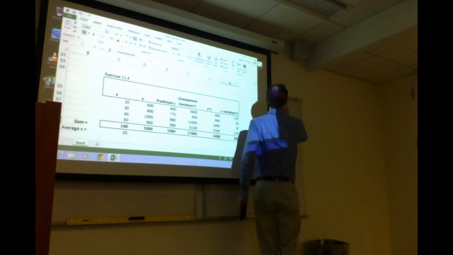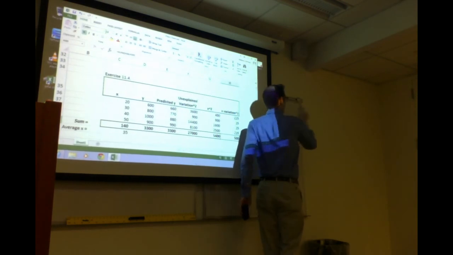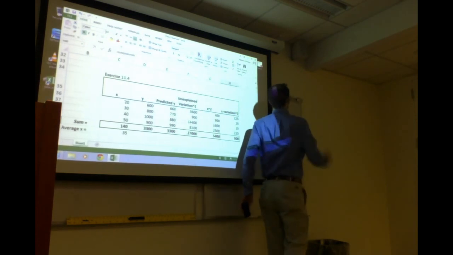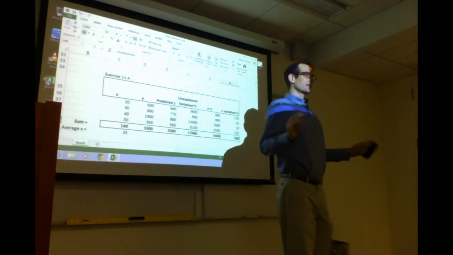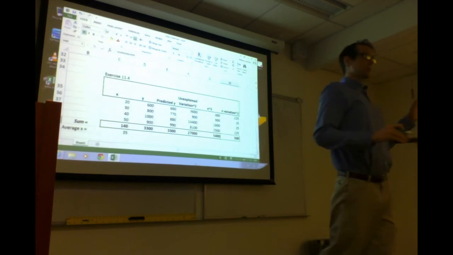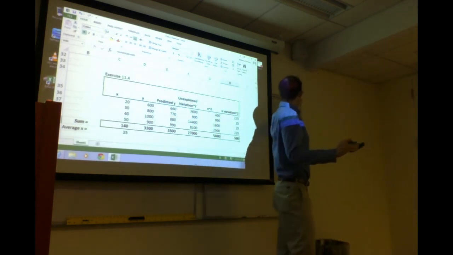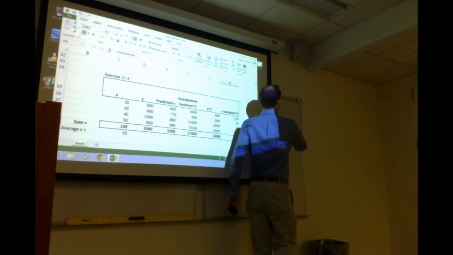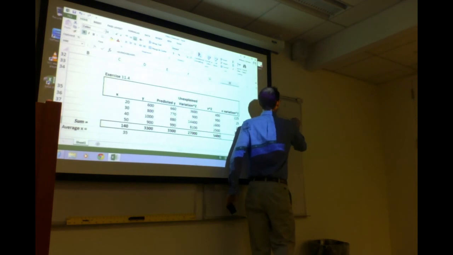Let's make the null hypothesis that the population slope equals 0. We think from our data initially that there's a positive slope, but let's just assume for a minute that the population slope is 0. And let's see if we get overwhelming evidence to prove the alternative hypothesis that the slope does not equal 0.